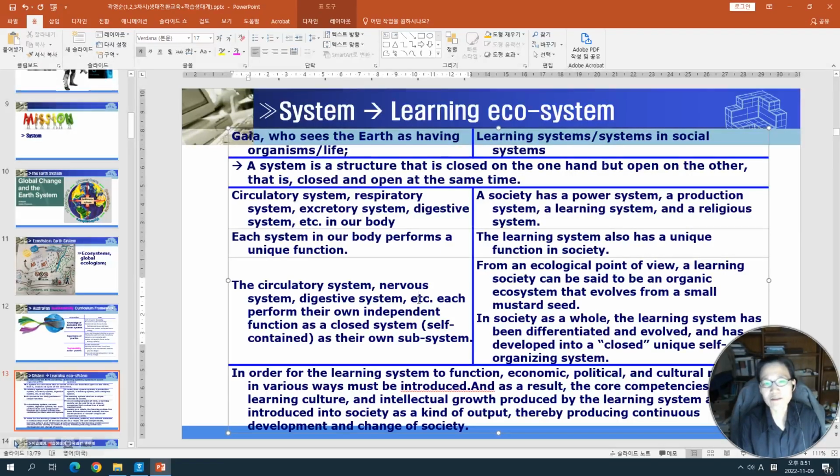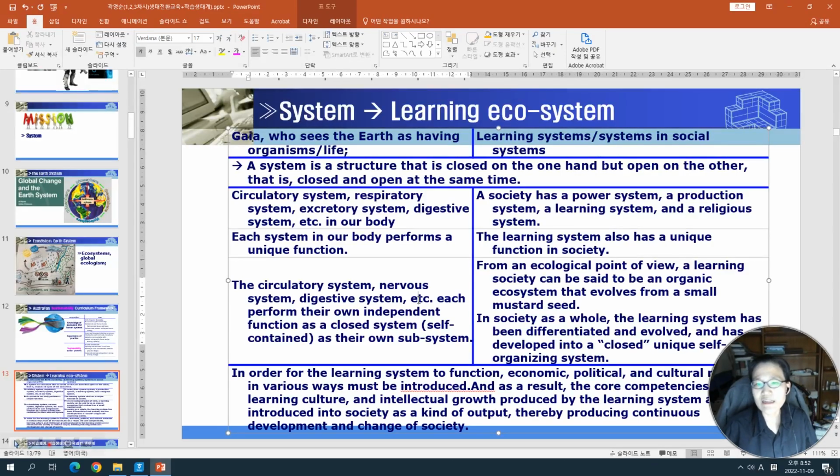As I talked before, human bodies consist of all kinds of systems, circulatory, respiratory, excretory, digestive systems. Each system in our body performs a unique function. So if one subsystem fails, the whole system will collapse.